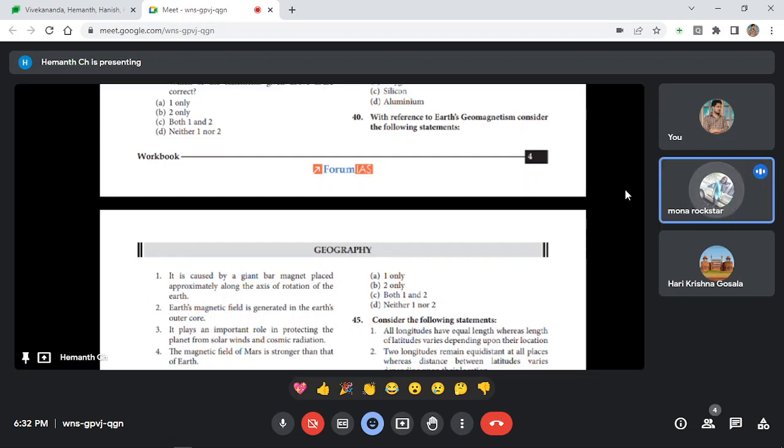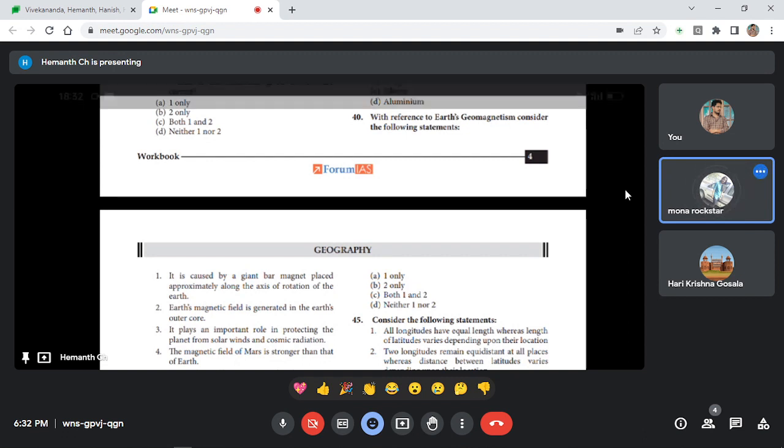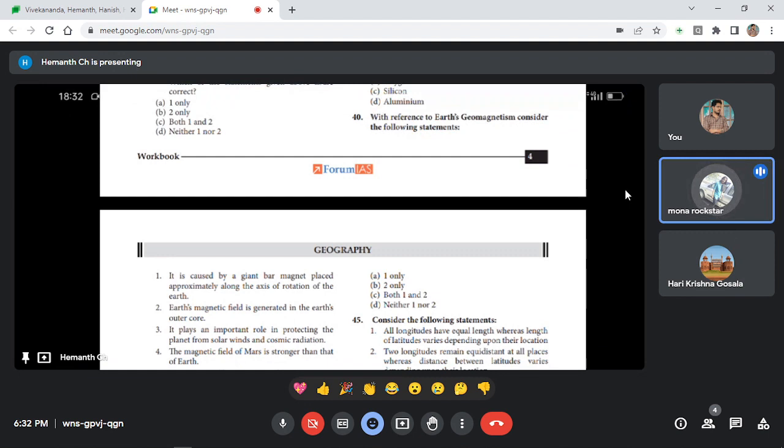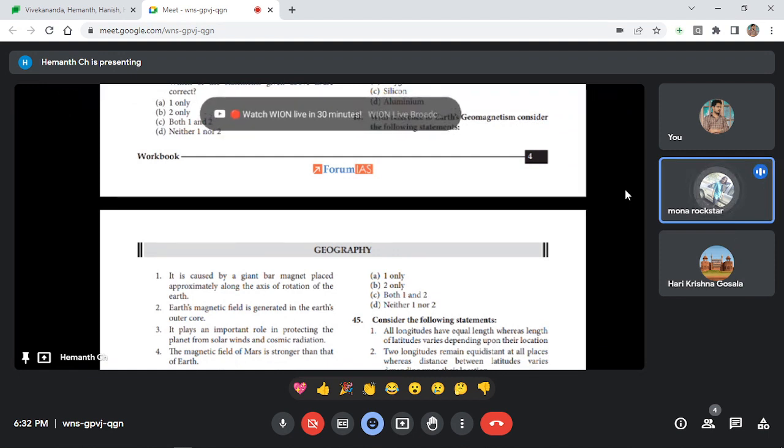With reference to Earth's geomagnetism, consider the following statements. It is caused by a giant bar magnet placed approximately along the axis of rotation of the Earth. Earth's magnetic field is generated in the Earth's outer core. This is wrong, I think. It plays an important role in protecting the planet from solar wind and cosmic radiation. The magnetic field of Mars is stronger than that of Earth.